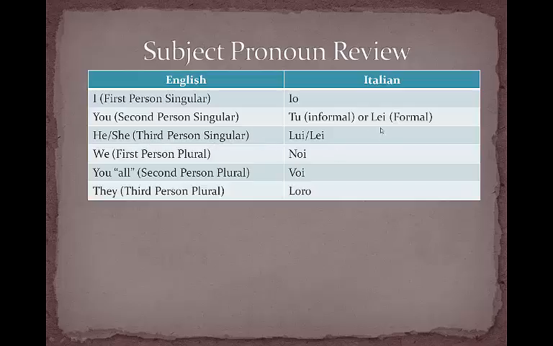I'll point this out when we get to the actual conjugations to show you the difference, but just know that when you're dealing with somebody in a formal setting, somebody who you don't know or somebody who you're meeting for the first time, the proper way to conjugate that verb is to use the third person singular, not the second person singular. Now, having said that, if you're a new speaker and you do that, I would not take offense if somebody did that to me.